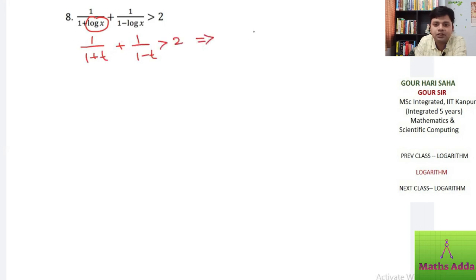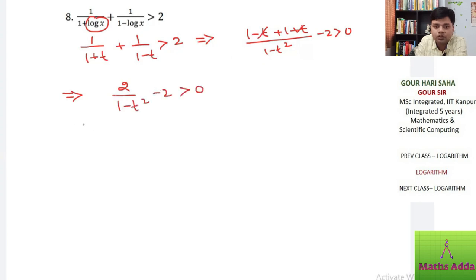Simplified, it is (1 minus t plus 1 plus t) divided by (1 minus t square) minus 2 greater than 0. If you guys are getting it, it is going to sign scheme, right? So t cancels, it is 2 by 1 minus t square minus 2 greater than 0.